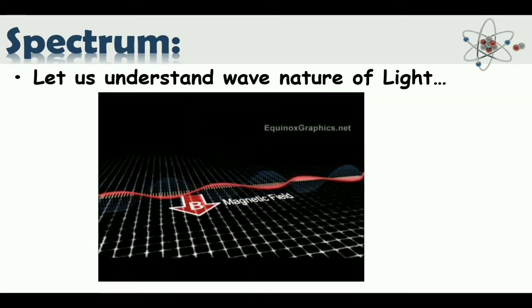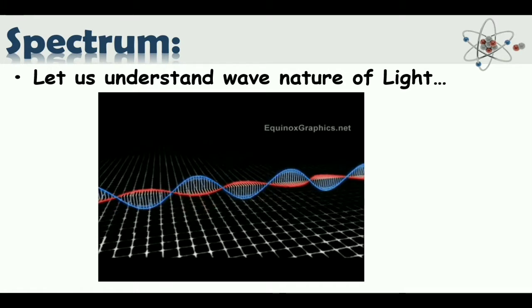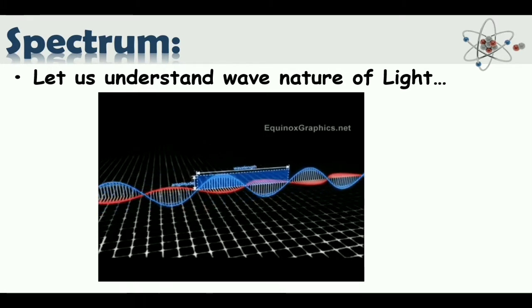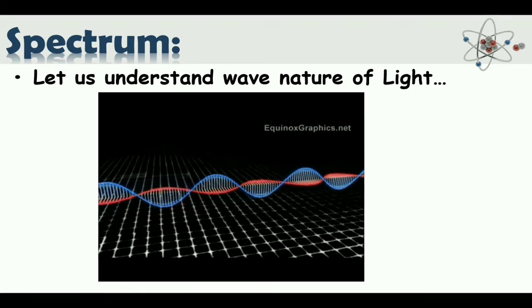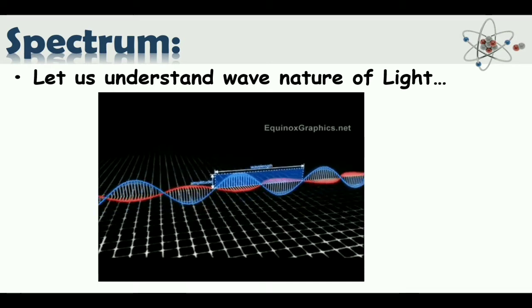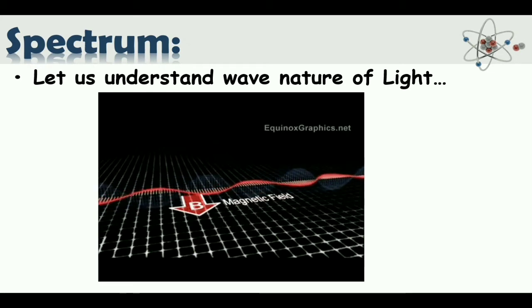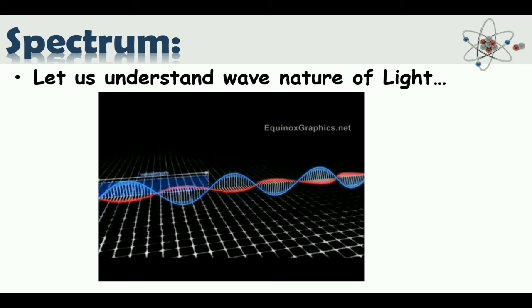You can understand here B is the magnetic field and E is the electric field. Both are created and they are perpendicular to each other, and they are also perpendicular to the wave propagation.